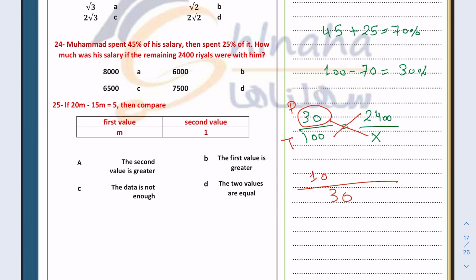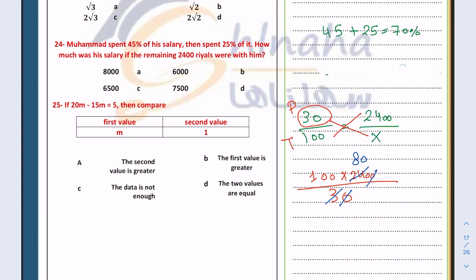So I will write here 100 times 2,400. Do not multiply, because you will have a big number and you need to simplify. I will cancel 0 and 0. 24 divided by 3 will be 8, and I still have 0. So now the salary will be 8,000, because I have 3 zeros and 8.